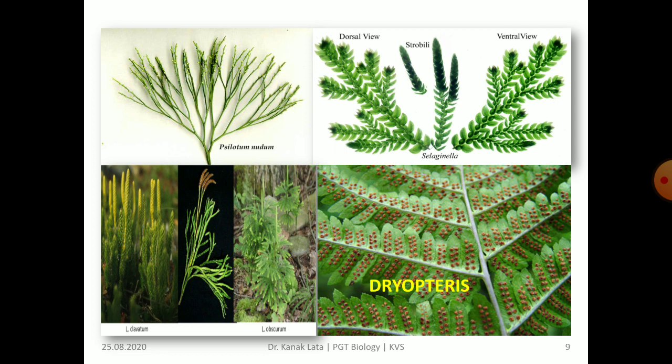Now in this figure, you can observe the beauty of different pteridophytes like Psilotum, Lycopodium, Selaginella and Dryopteris. You can observe here spores present on the surface of leaves, and this is called a sporophyll.